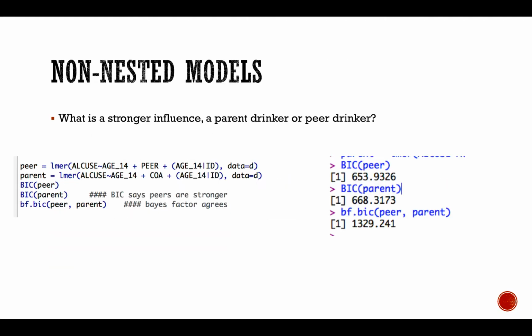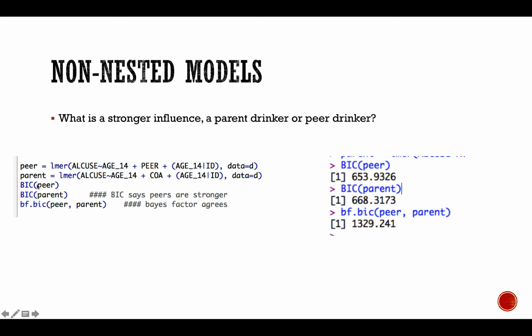So here's an example. You might, for example, ask, what is a stronger influence on drinking? Being a child of an alcoholic, your parents, or your peers? What's going to be a stronger influence? Using the ALK use data set, we can compare two models, peers versus parents, and just see which one is better.